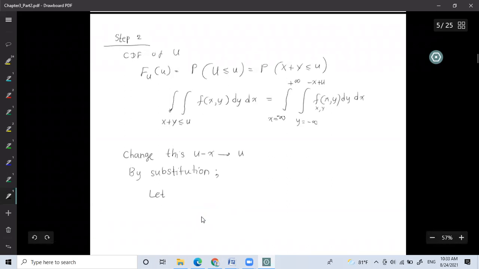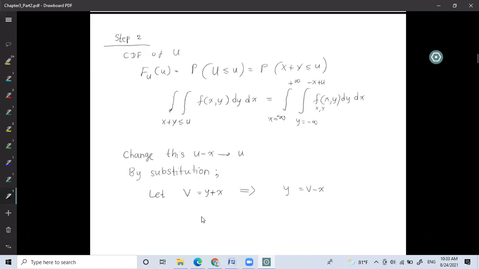So I'm going to use this substitution: v equals y plus x. Why I use this is in order to simplify our integrations, and you'll see why this was chosen. So if I choose v to be y plus x, y will be what? y will be v minus x. Just change the algebra.